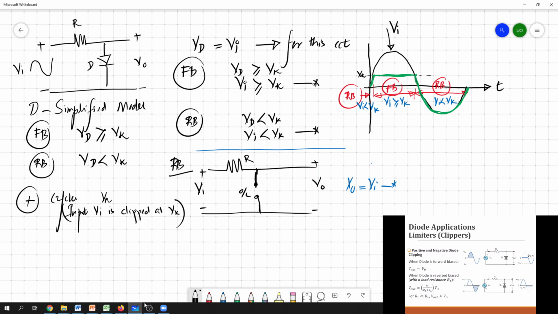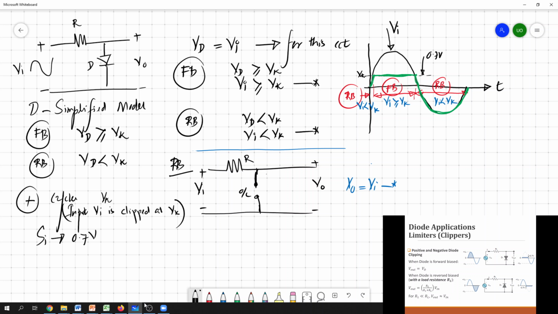If you place the diode like this in this very simple circuit, you can clip the positive cycle at the knee voltage of the diode. For example, if it is a silicon diode, we can assume that this is 0.7 volt. So then this basically clips at 0.7 volt.